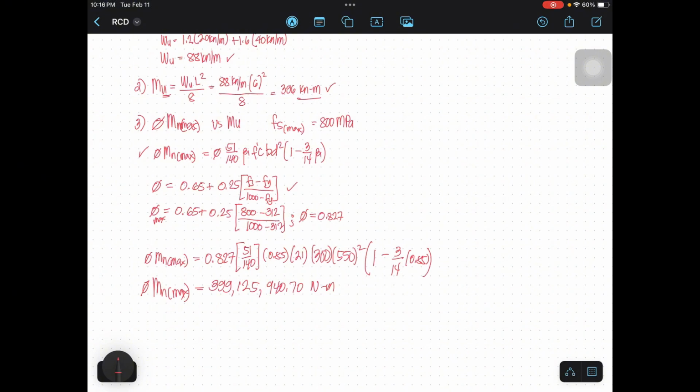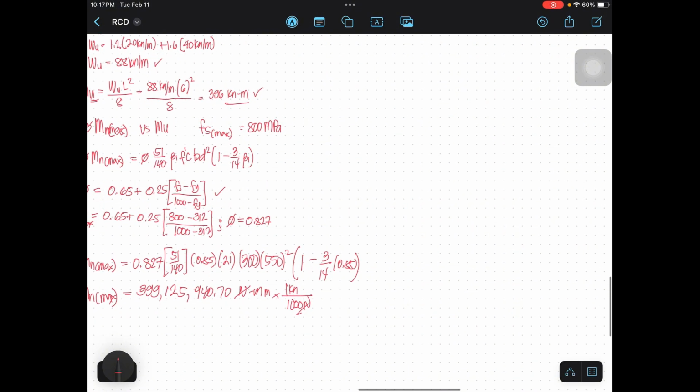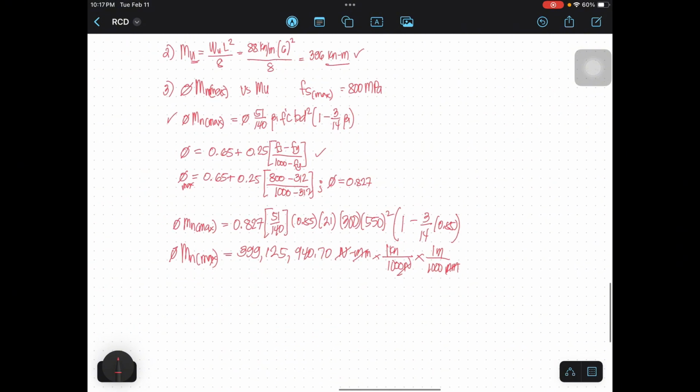Okay? So, since yung ating ultimate moment is naka-kilonewton meter, so it is suggested or recommended to convert this into kilonewton meter. This one is millimeter. Okay? So, if in every 1 kilonewton, we have 1,000 newton. So, cancel na yung newton. And then, in every 1 meter, we have 1,000 millimeter. So, cancel na din yung millimeter. So, natitira kilonewton meter.